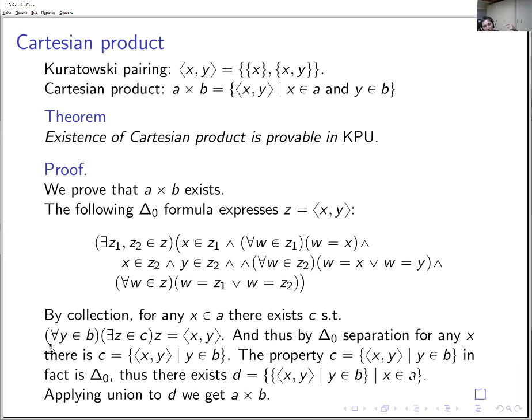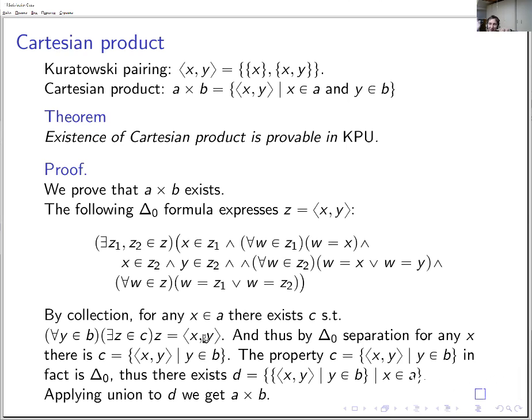Thus, now applying collection to the set B, we fix some X in A, and then by collection for Y in B, we see that there exists this set C that contains all the pairs where the first component is this fixed X, and the second component is an arbitrary Y from the set B.